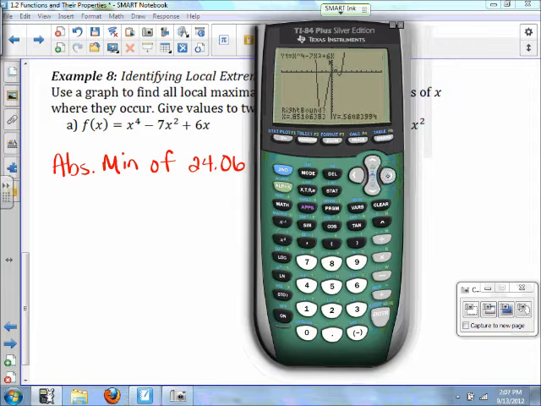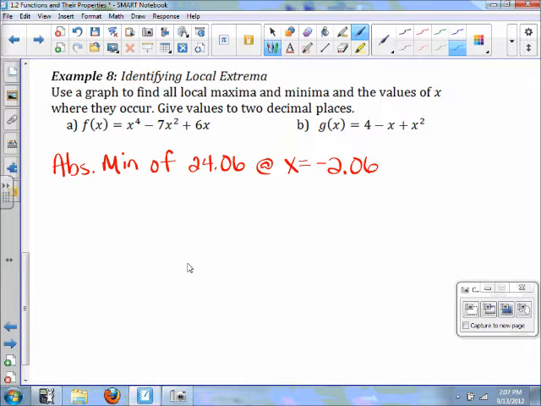The maximum looks about there. Relative maximum of about 1.32, or local max. That's going to be about 1.32, and x is about 0.456.